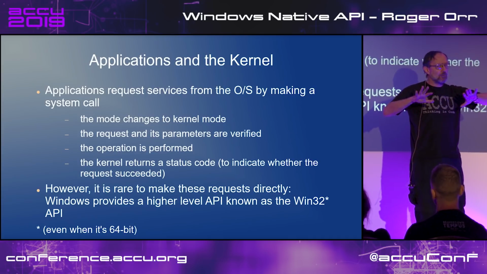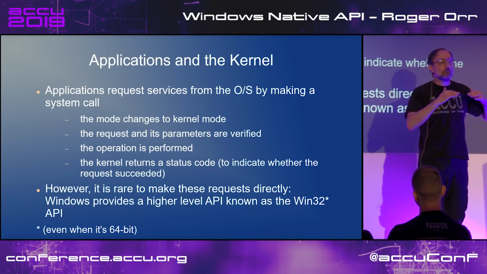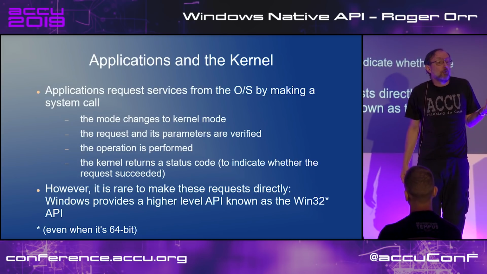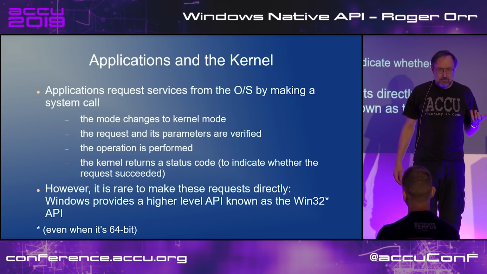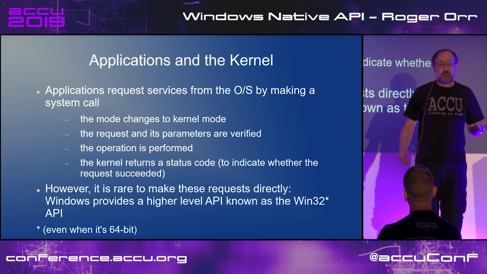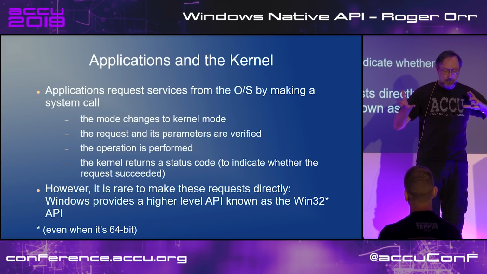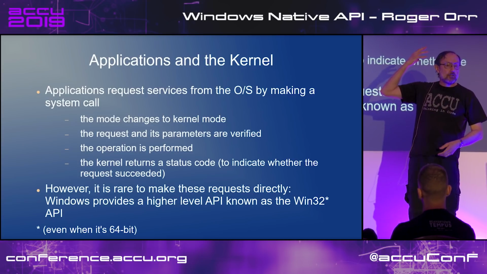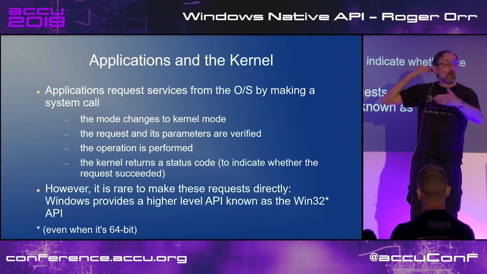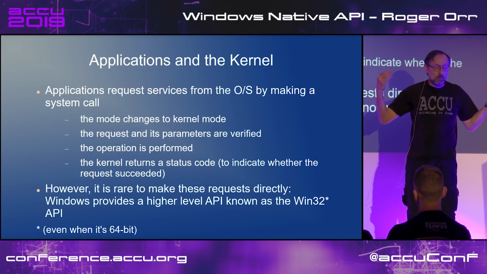You want to do some sort of sanity checking that the request makes sense. Which request was it? Do the parameters make sense? Are you requesting something you're allowed to do? Because different programs have got different rights. And then it does the stuff, returns you the data, or maybe it just does stuff and you get a notification back that it worked or didn't.